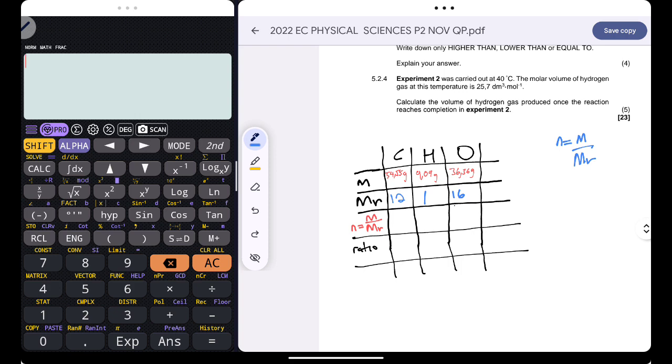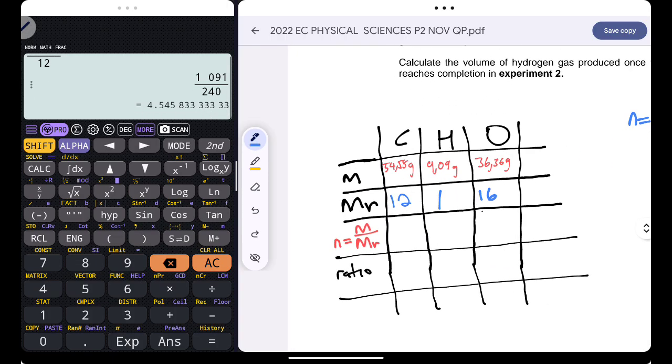So this thing simply means that for carbon I'll simply say 54.55 divided by 12. What do I get? Let me just round it off to 2 decimals. It's 4.55 moles.